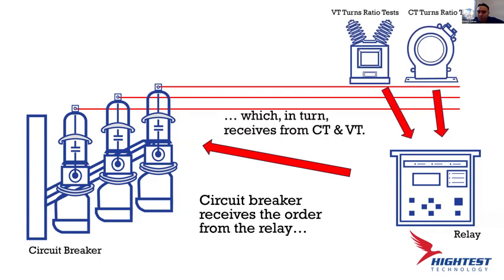And as we said, the circuit breaker just receives the order from the relay, and the relay decides whether the circuit breaker opens or closes, and the relay is getting the information from the voltage or current transformers in a protection system.